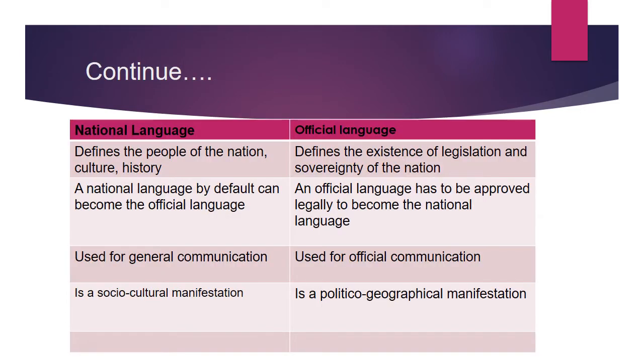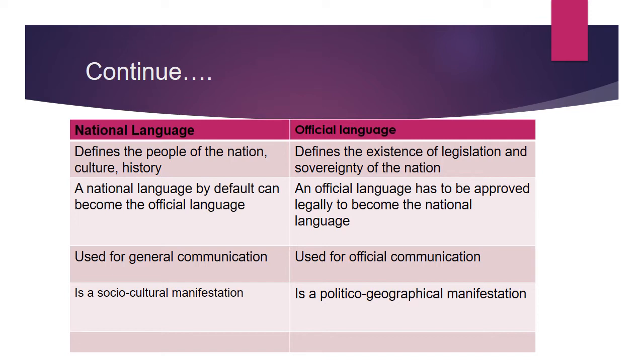Let us examine the main differences between the national language and official language. The national language defines the people of the nation, culture and history. Official language defines the existence of legislation and sovereignty of the nation. A national language by default can become the official language.